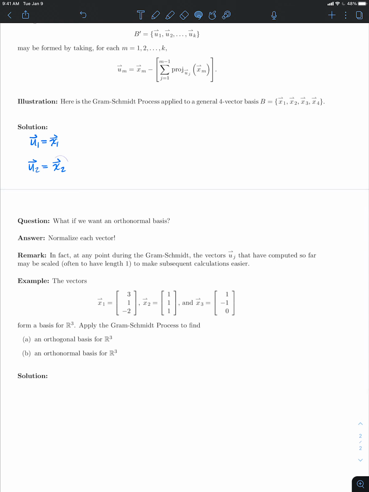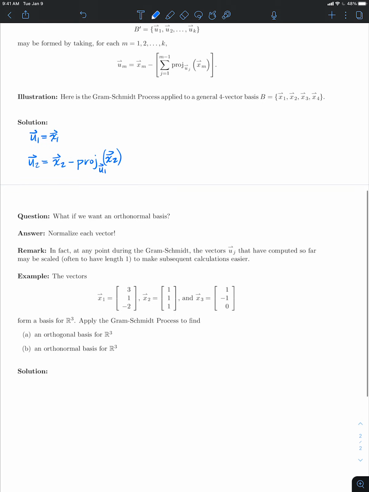But we can make u1 and u2 orthogonal by subtracting. Here's the thing: there's going to be some component of x2 that's parallel to x1. So it might not be that x2 is parallel to x1, but it's going to have some little piece of it that's parallel to x1. So we're going to take that away from it. We're going to subtract the projection of x2 onto u1, because that's the piece we want to throw away of x2.